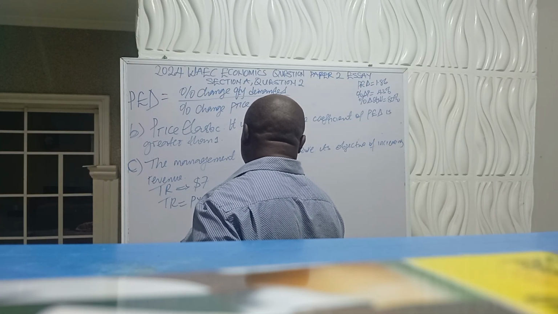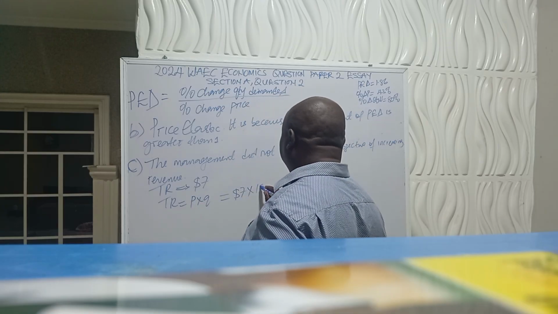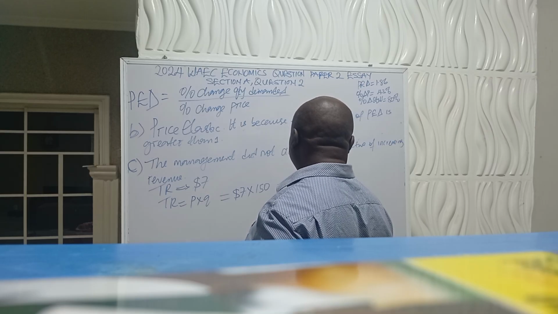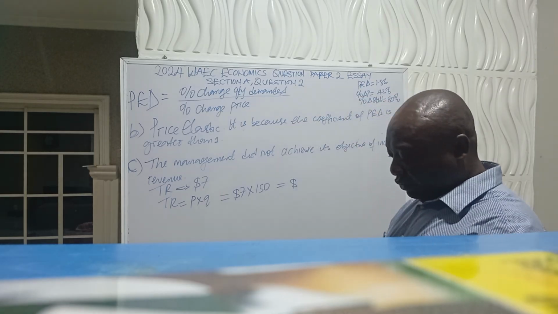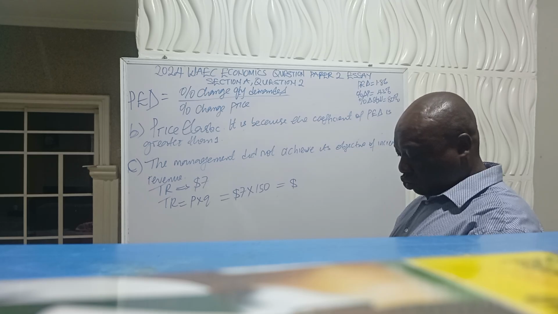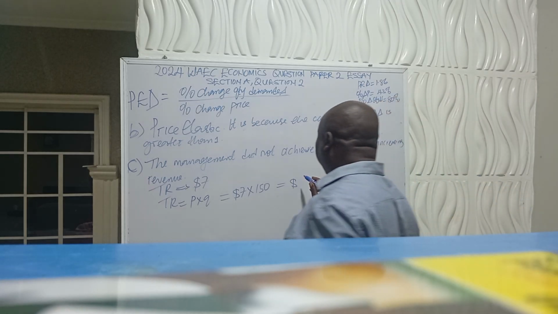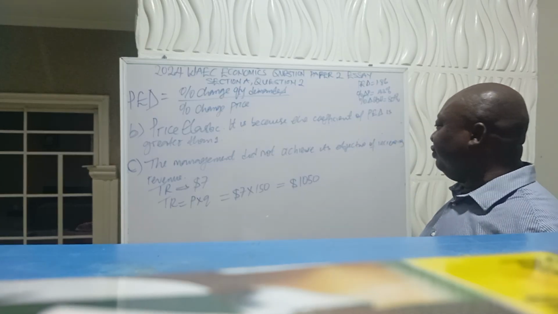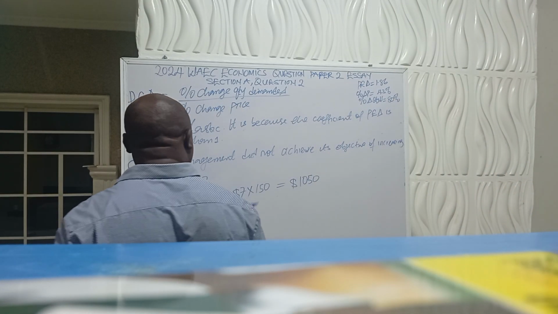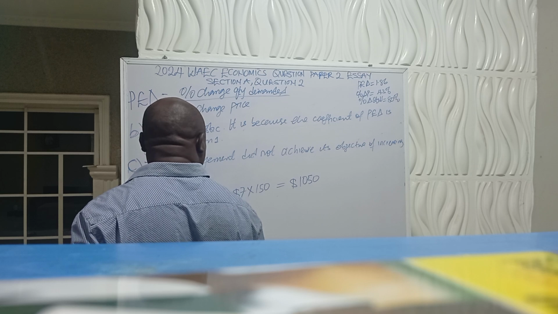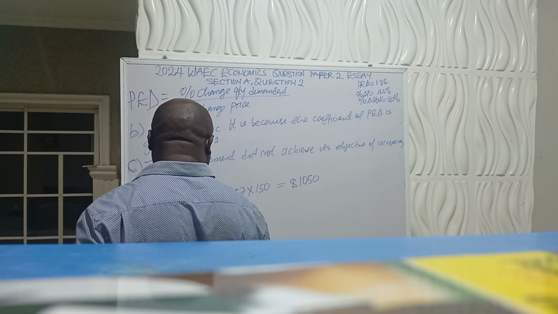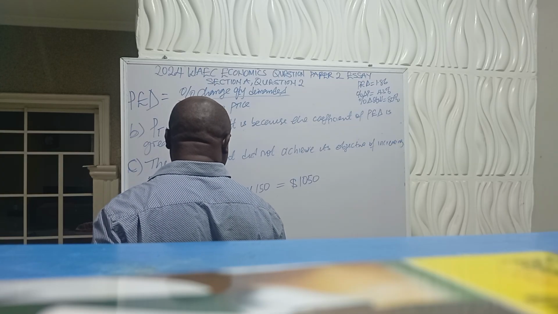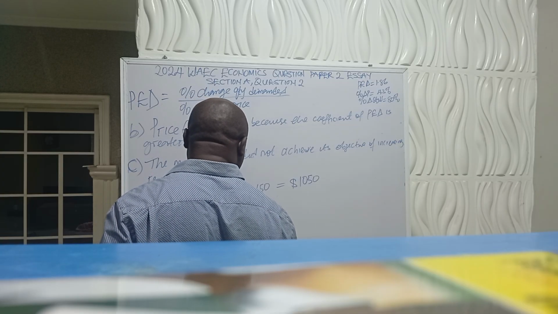That is the old price. The old quantity is 150. This times this, what will it give you? 7 times 150 will give you $1,050. Now when the price increased to $10, the quantity demanded reduced to 30, and this is $300.